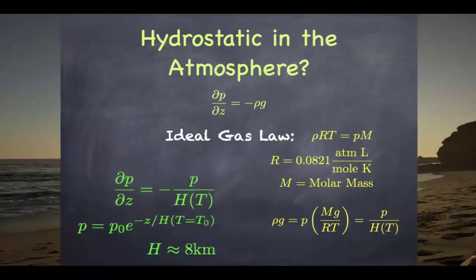So the pressure drops by a factor of e every 8 kilometers as you go up. A factor of e is roughly 3. So at the top of a really big mountain, the pressure is only a third of what it is at the surface.